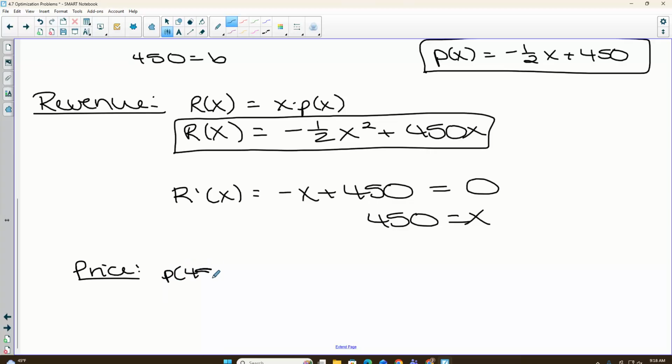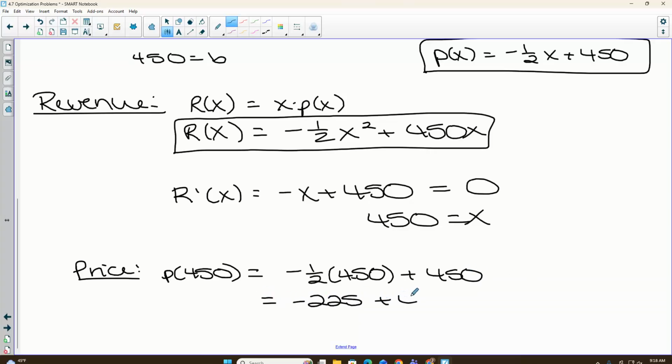So if I have 450 food processors, what would my price be? So I get that the price should be $225.